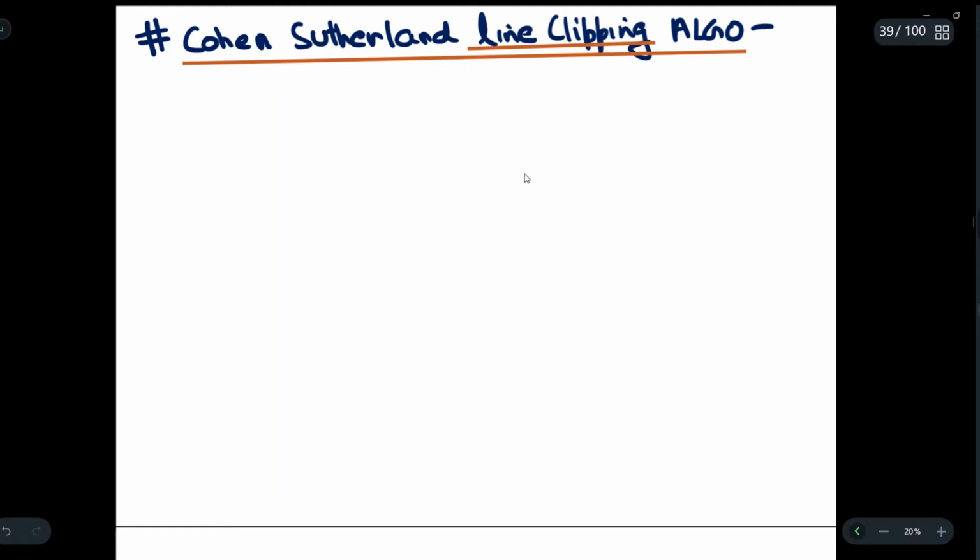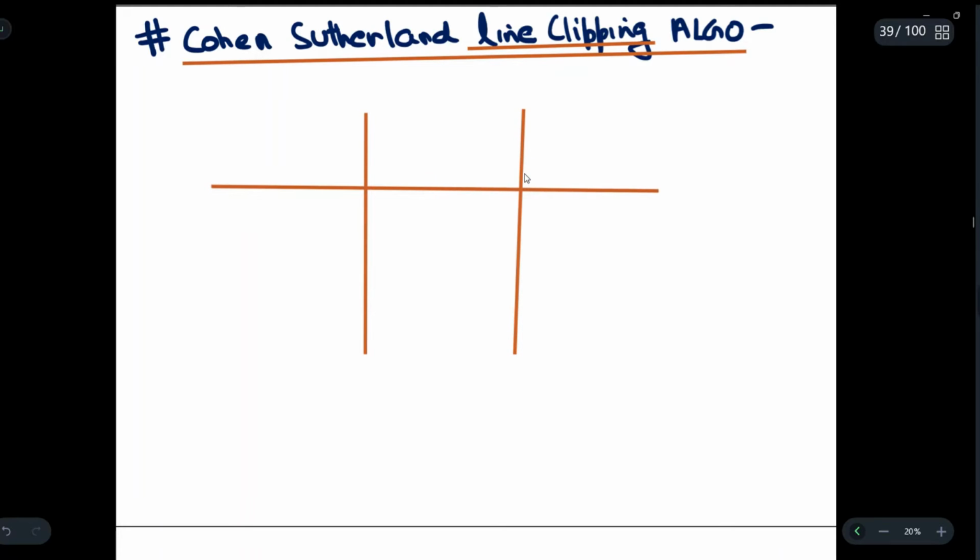So let us first draw the diagram in order to understand how we have to use the Cohen Sutherland algorithm. Suppose we have a line over here. Suppose we have 9 segments and this is the main box that we need.